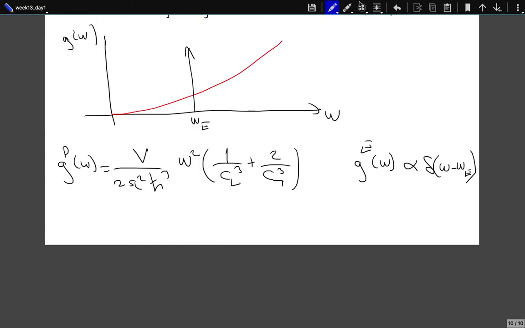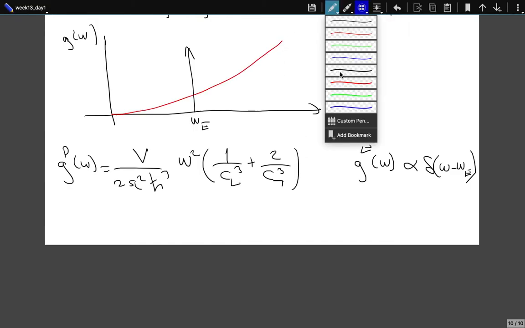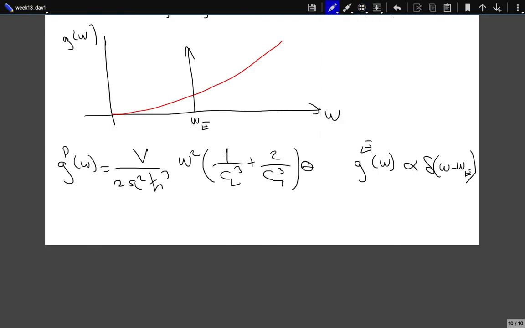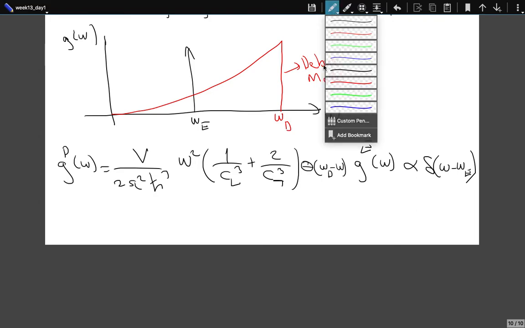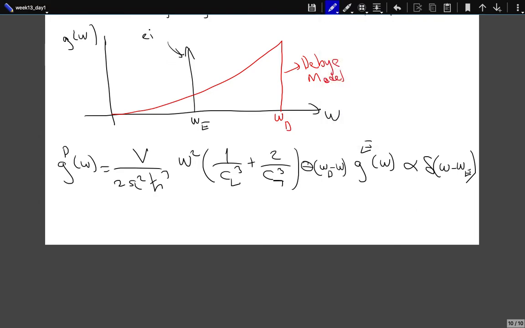Of course, here there is a cutoff. This is the Einstein model.